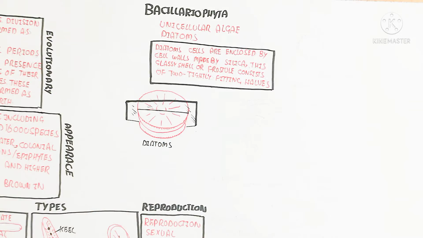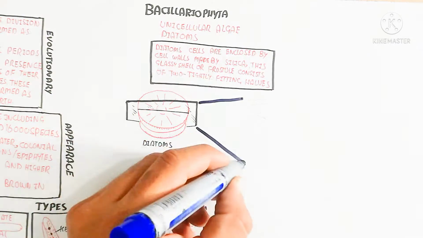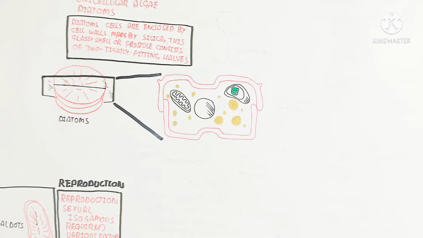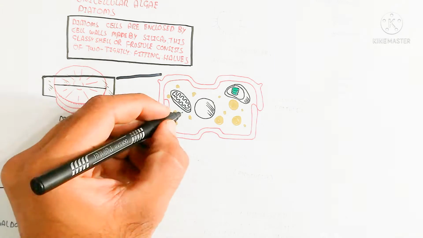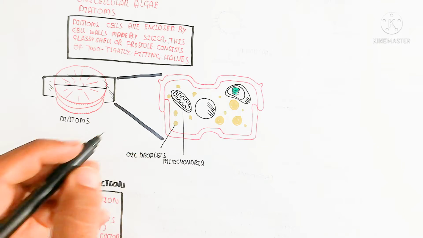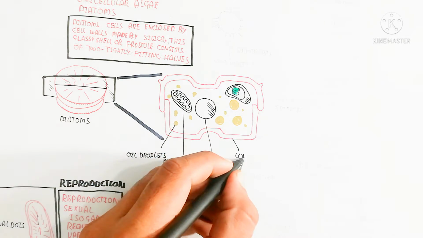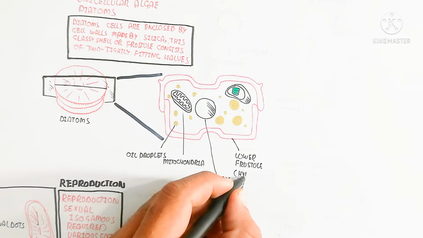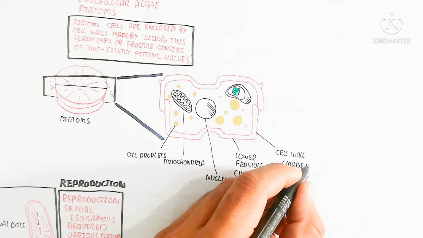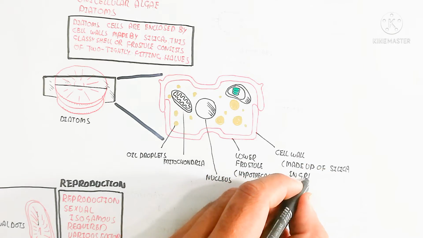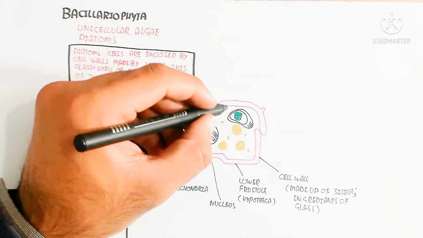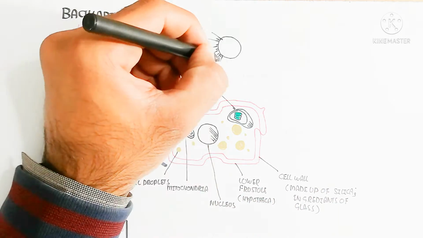So let's begin to understand another important thing, the structure of the diatom, as shown in the figure. It contains a nucleus and cytoplasm. The lower frustule is known as the hypotheca, and the upper one is the epitheca. A chloroplast and mitochondria are also present, and the cell wall is made of silica, the ingredient of glass.